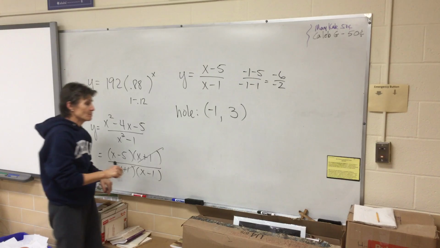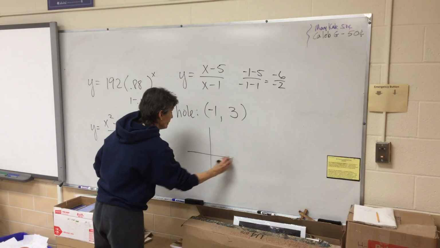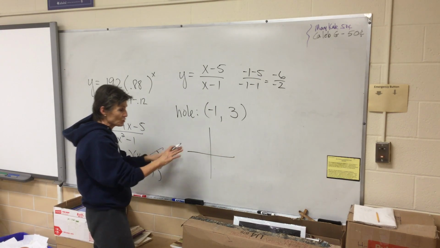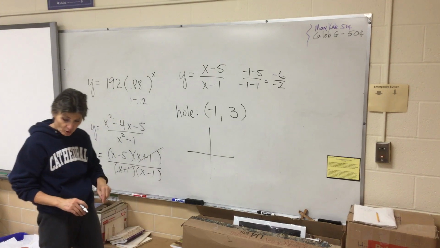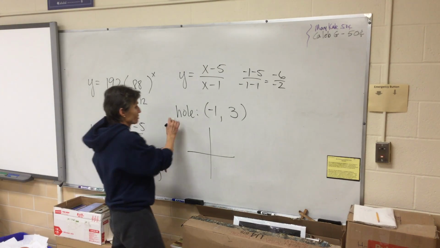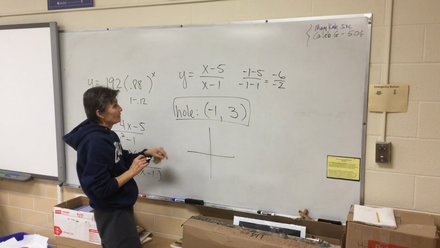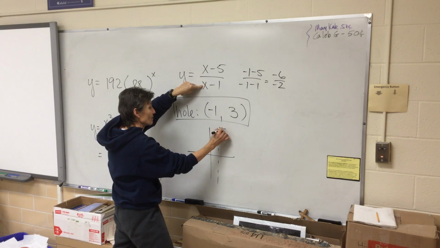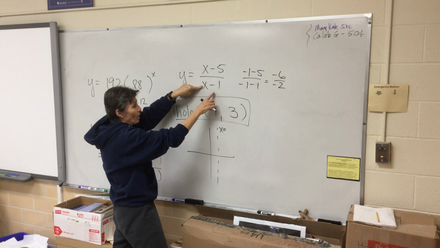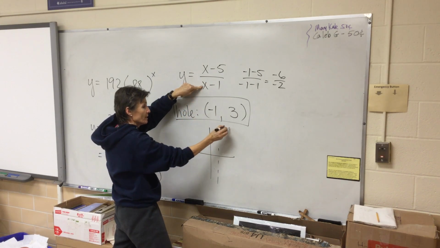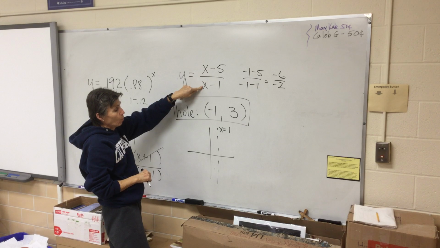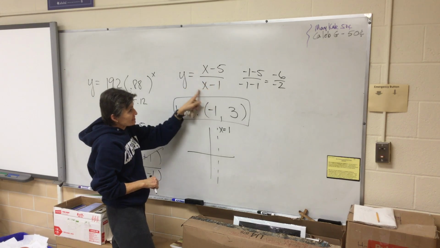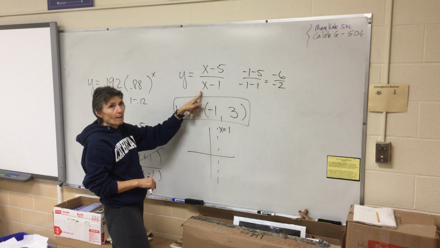Now, what about asymptotes? Well, we don't have to graph this. I'm just using a picture to illustrate the asymptotes. All we're going to do is write down what they are. So there's the hole. Now, the denominator can't be 0, so x can't be 1, so I have a vertical asymptote at 1. Vertical asymptotes are cannot be's.